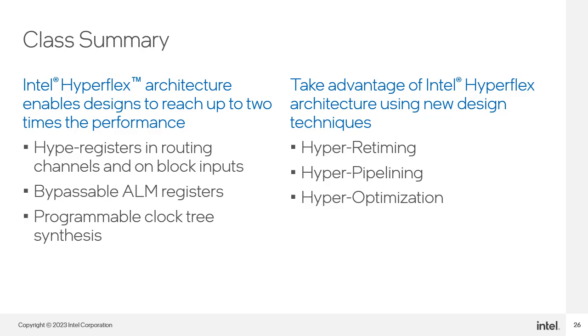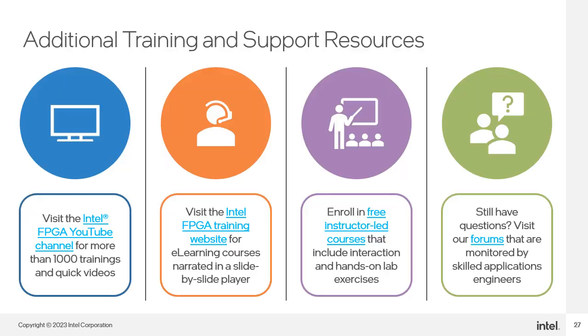These hardware changes include hyperregisters on routing channels and on block inputs, bypassable ALM registers, fast bypass paths when hyperregisters and other ALM resources are not used, and finally programmable clock tree synthesis. To take advantage of the architecture, you as the designer can employ the design techniques of hyper-retiming, hyper-pipelining, and hyper-optimization.